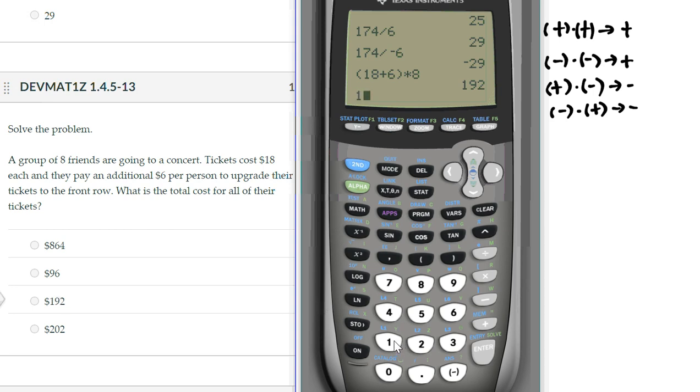The common mistake is 18 and then plus $6. Okay. Of course, you get 24. Then you think, hey, we have 8 people here, so times 8. That's wrong.